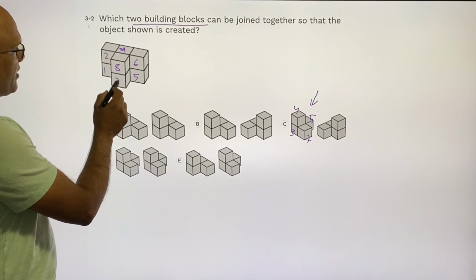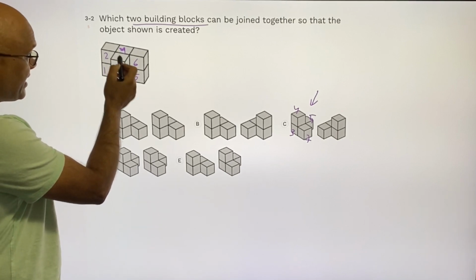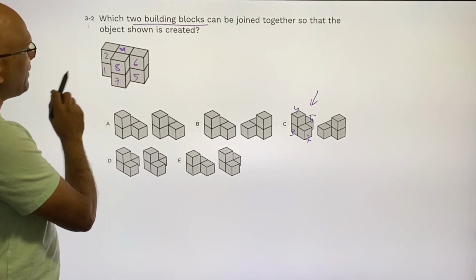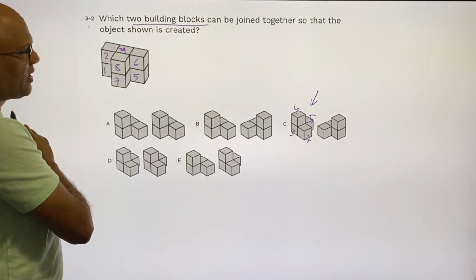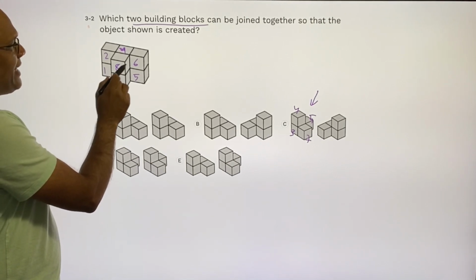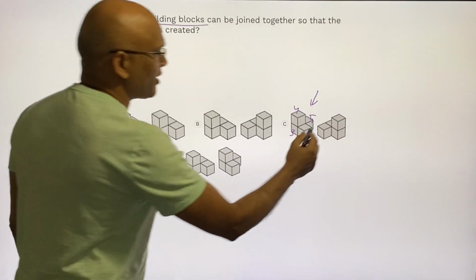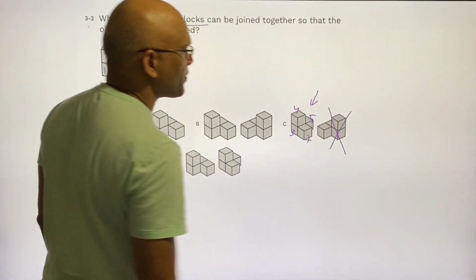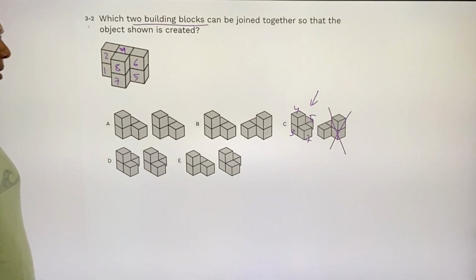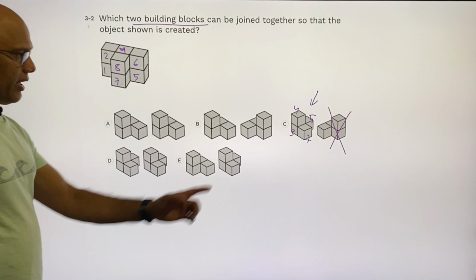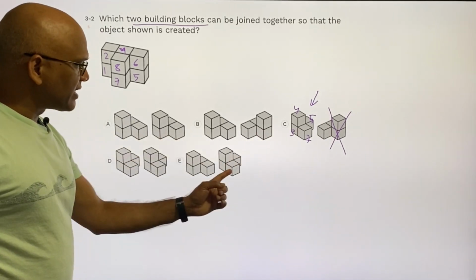If I take 3, 4, 5, and 7, I'm left with 1, 2, 8, and 6. So as I can see, 8 and 6 don't even connect on a face, right? They just touch on the edge, so I cannot get this structure, right? So that is not a possible choice.